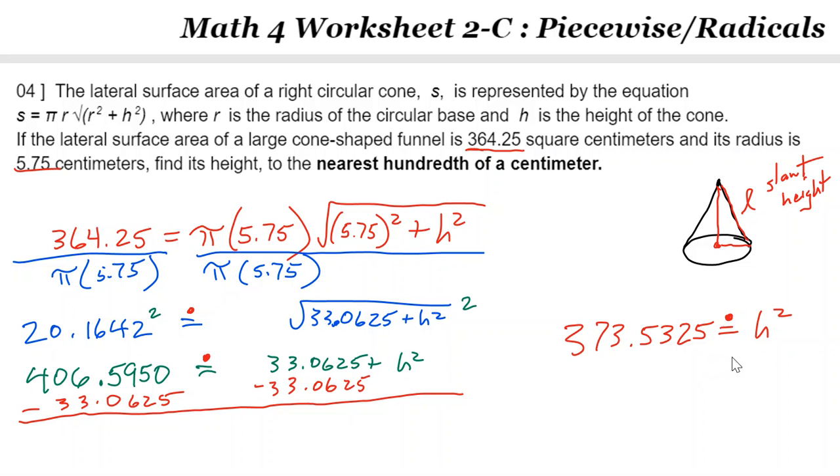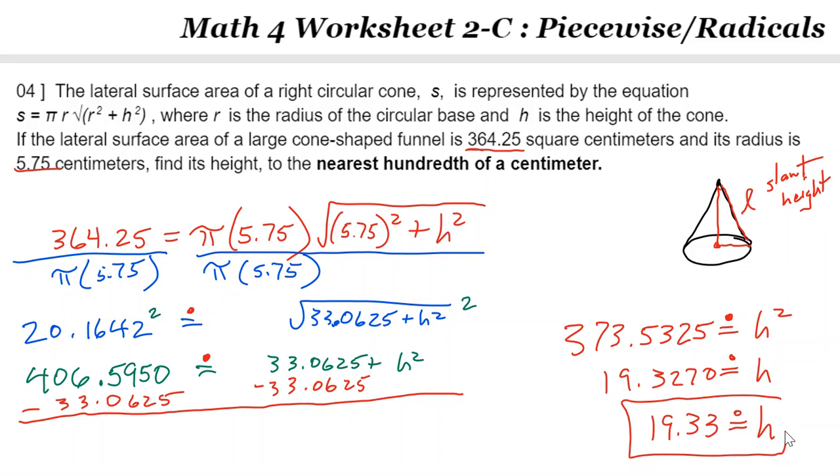So I'm technically getting, if I were to do this to the same 4 decimal places, and so I'm going to round it to 2 decimal places, which that 2 has got to round up to a 3. And that should be the approximate height of our cone.